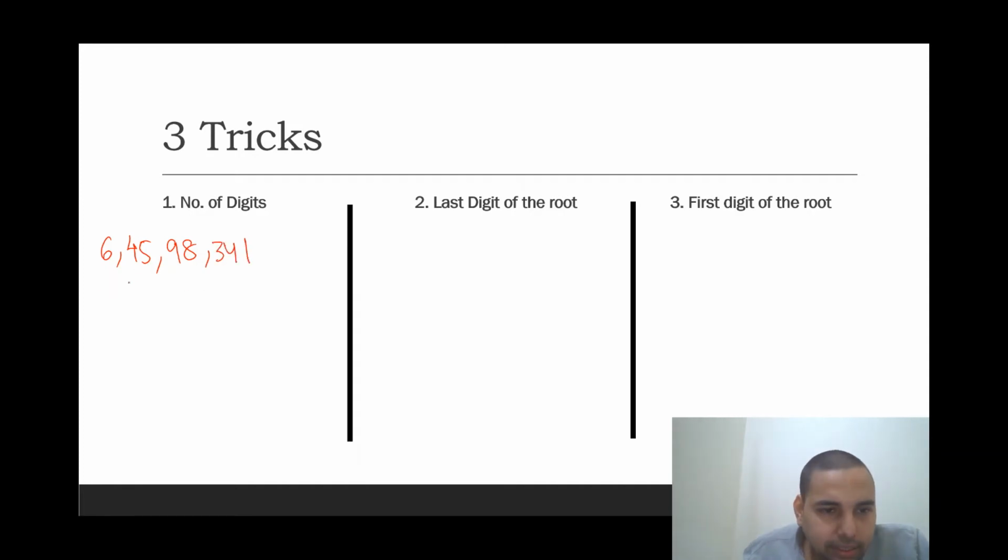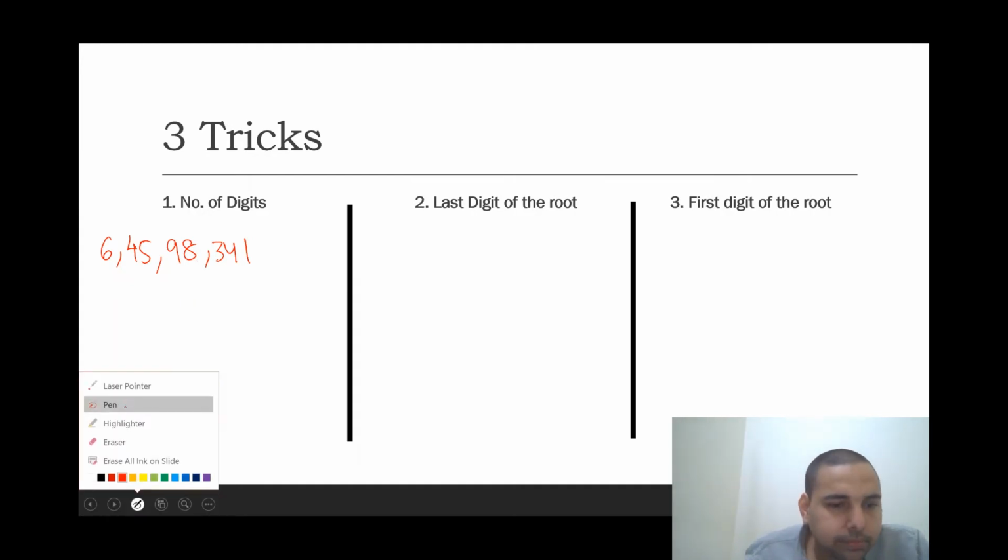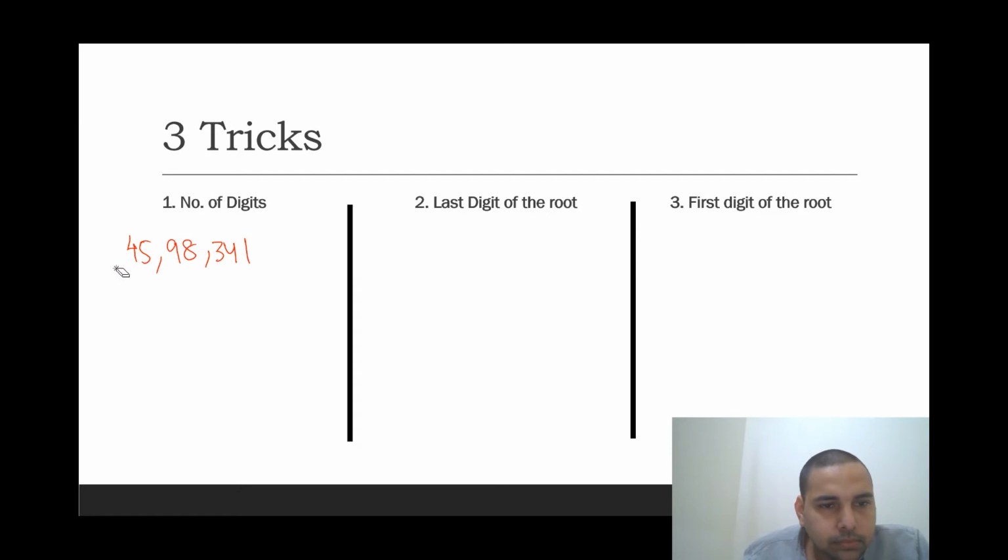So let's say I think there are 8 digits. So let's just erase one of them. Okay. Now we have 7 digits. Okay. Now it is actually possible for me to tell how many digits will be in the square root. And it's very easy.